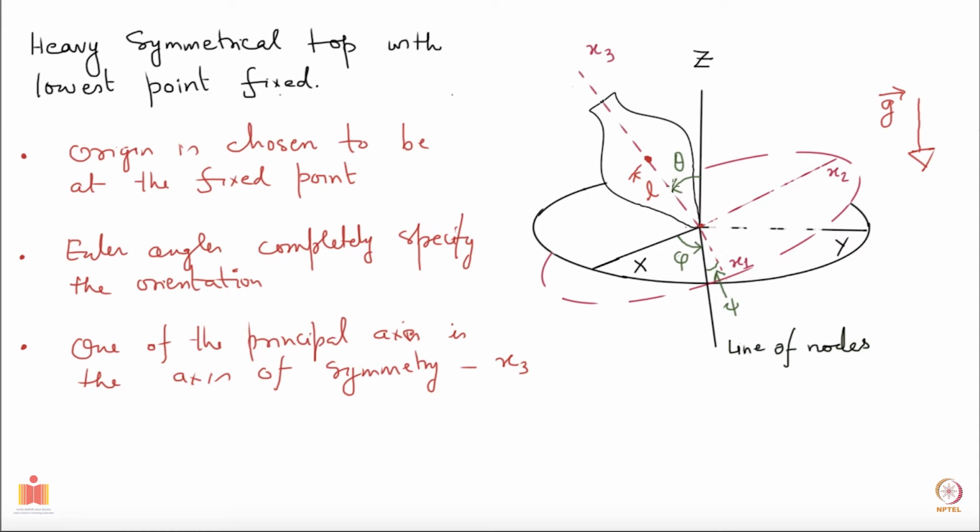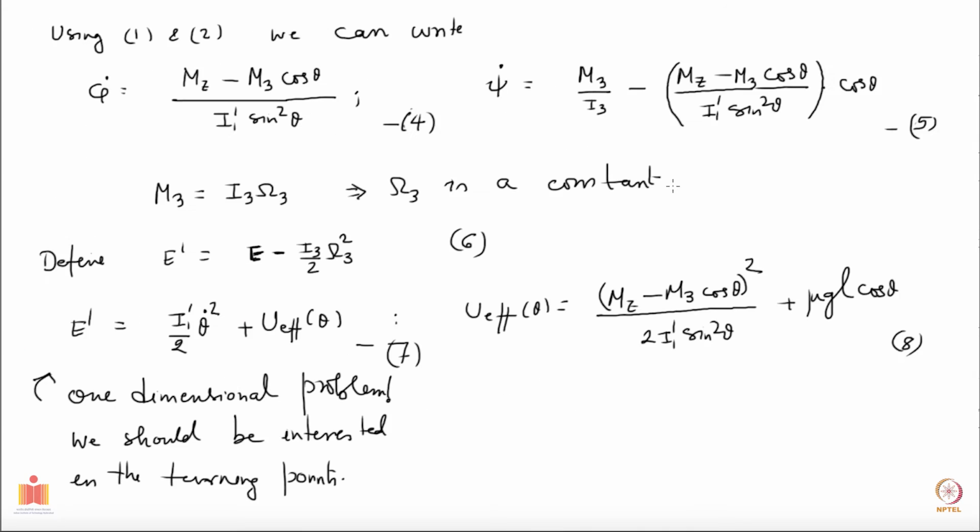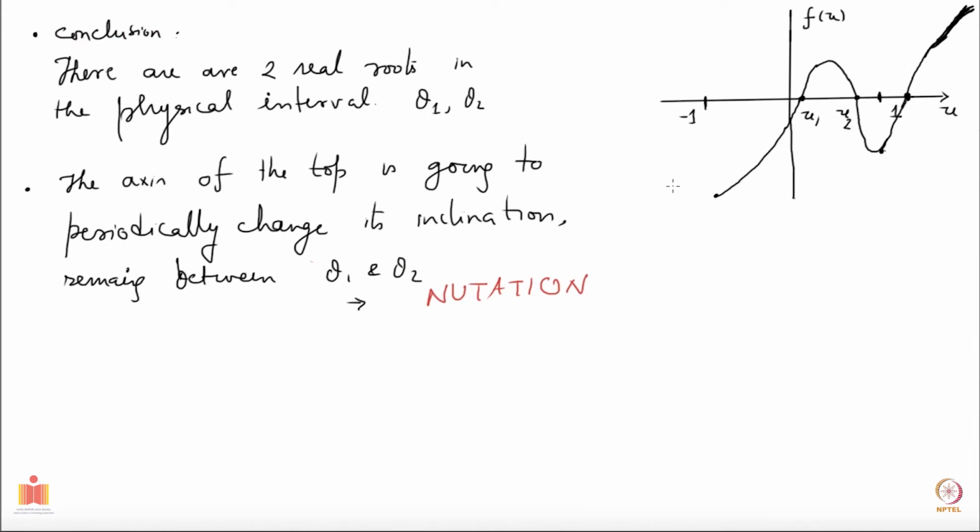It will pierce through the sphere at some point, and what we are asking is how that point moves as the top moves. It will give you a visual picture of how the axis is moving around with time.